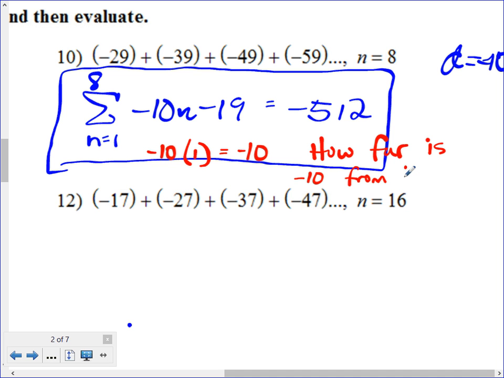And then to get negative 29, you have to add negative 19, so you subtract 19. It's negative 10 times 1 minus 19. How'd you get 19? How far is negative 10 from negative 29? What's the difference? It's negative 19, not 9.